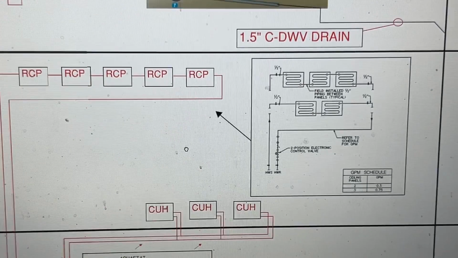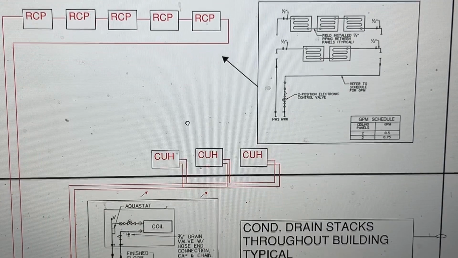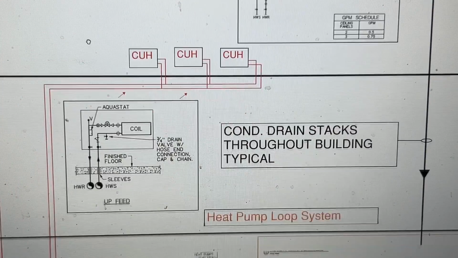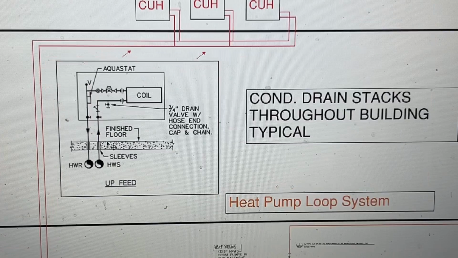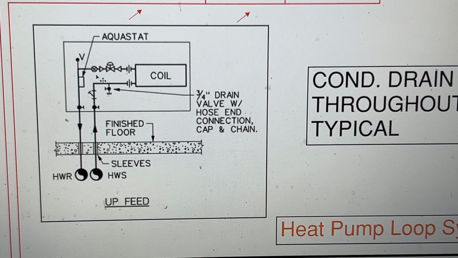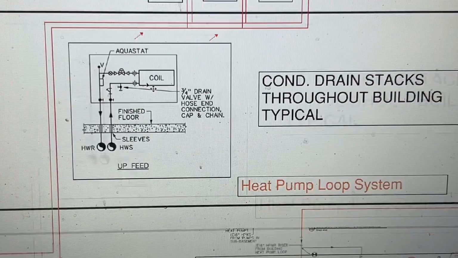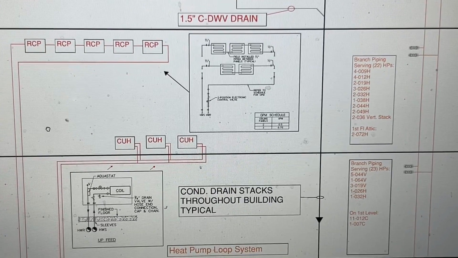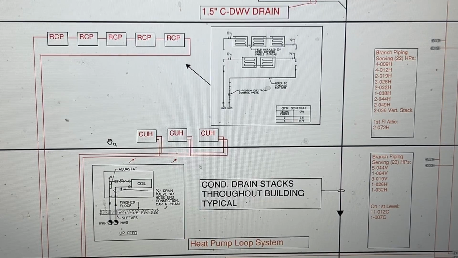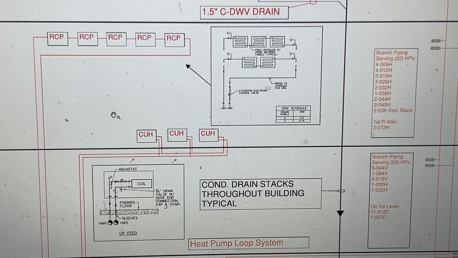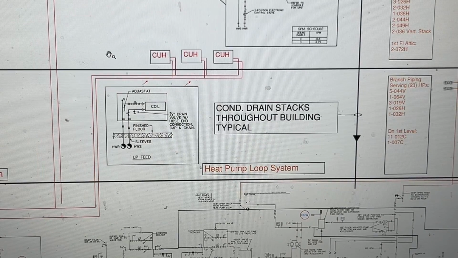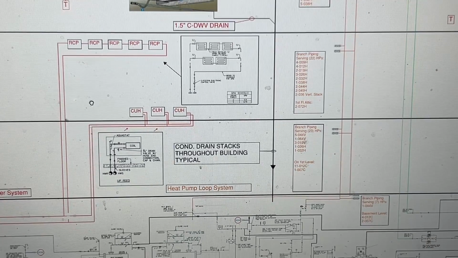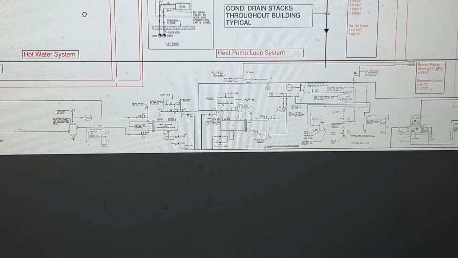Those will get tied back into the BMS system. The cabinet unit heaters each have an aquastat and control valve at their coils as well. So for that system, we'll have 5 control valves for the controls package that we have to install. Again, this being a very small loop, not a whole lot to discuss there.